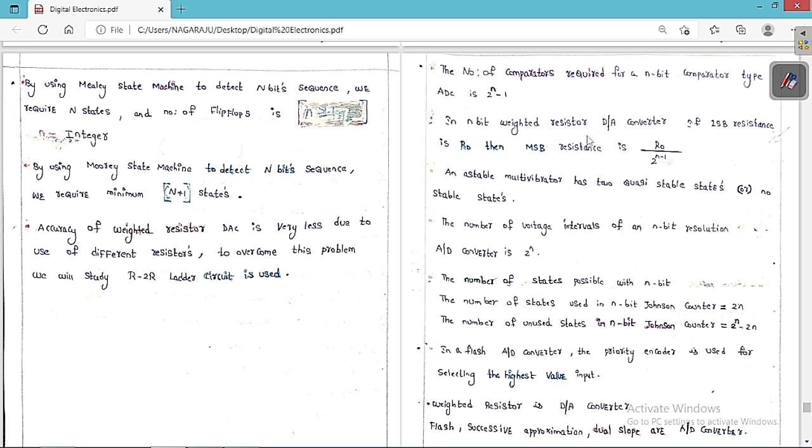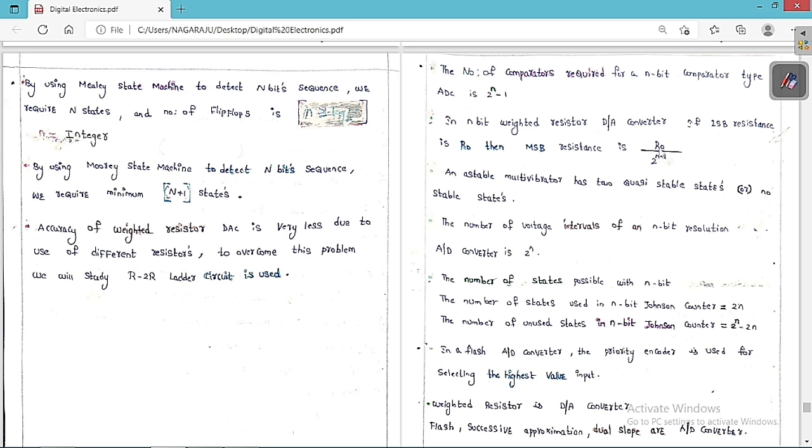For any n-bit weighted resistor digital to analog converter, if the LSB resistance is R0, then the MSB resistance is, as I have already told you, LSB resistance equal to 2 to the power of n minus 1 times the MSB resistance. So the MSB resistance is equal to the LSB resistance divided by 2 to the power of n minus 1.